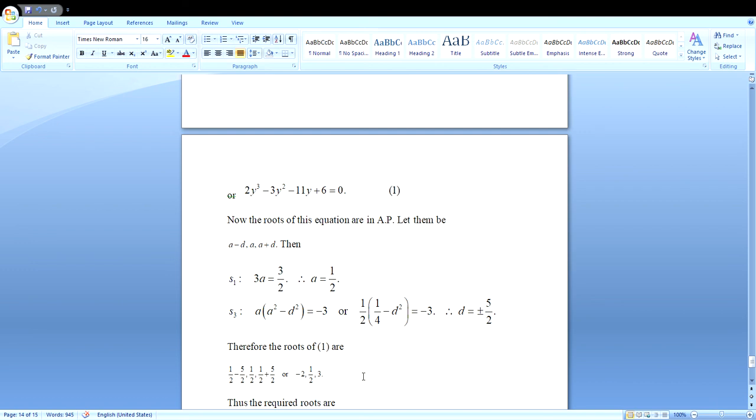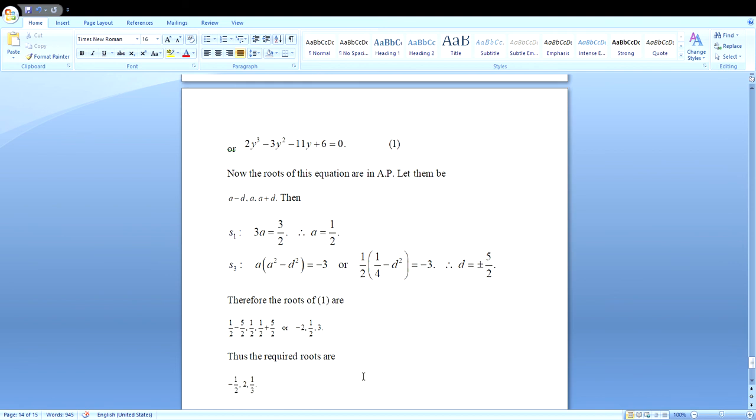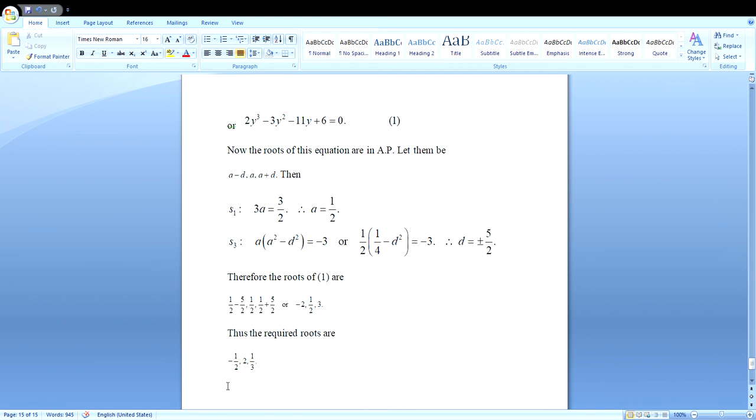Thus, the roots of the given equation are reciprocals of these. That is minus 1 by 2, the reciprocal of 1 by 2 is 2, and the reciprocal of 3 is 1 by 3. So minus 1 by 2, 2, and 1 by 3 are the roots of the given equation. Thank you.